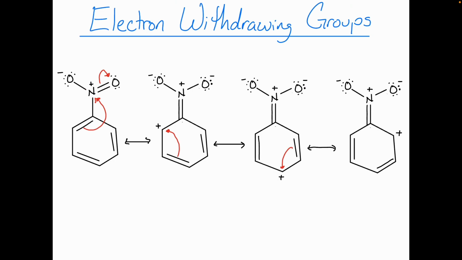You're taking density out of that ring, okay? So let's just say electron withdrawing groups make our benzene a worse nucleophile.